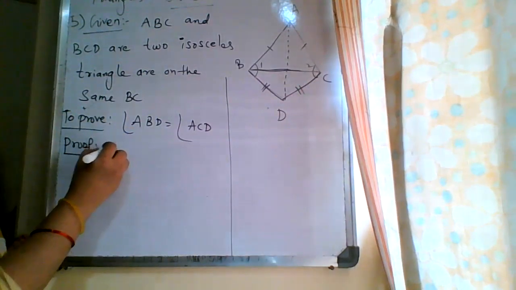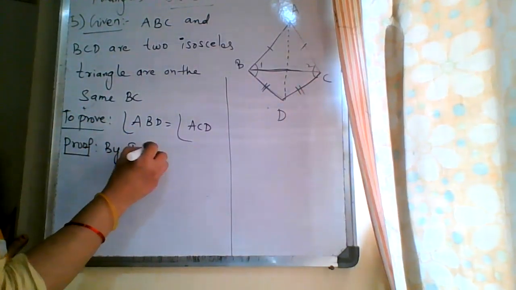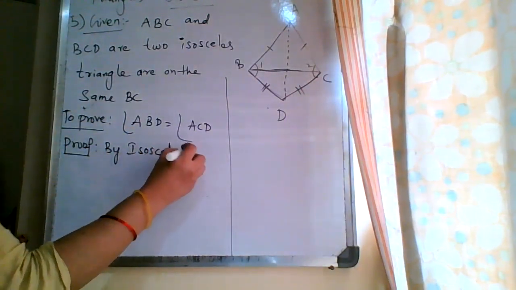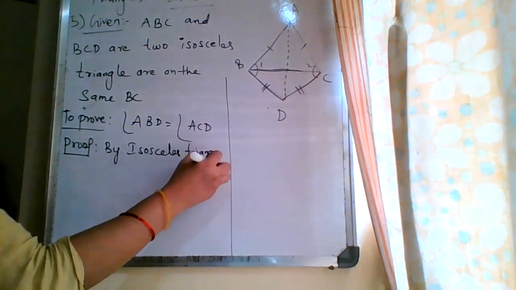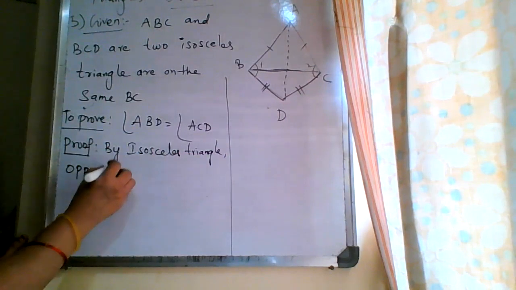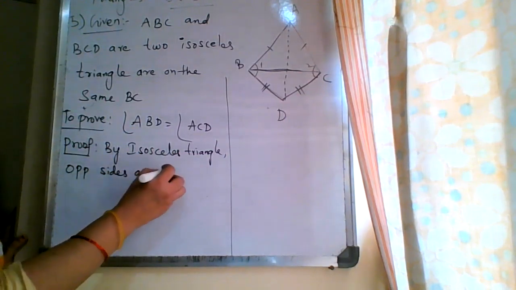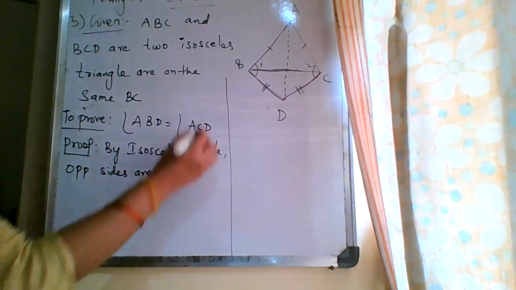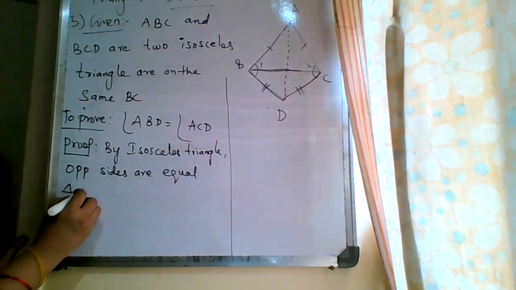So by the isosceles triangle property, opposite sides are equal.